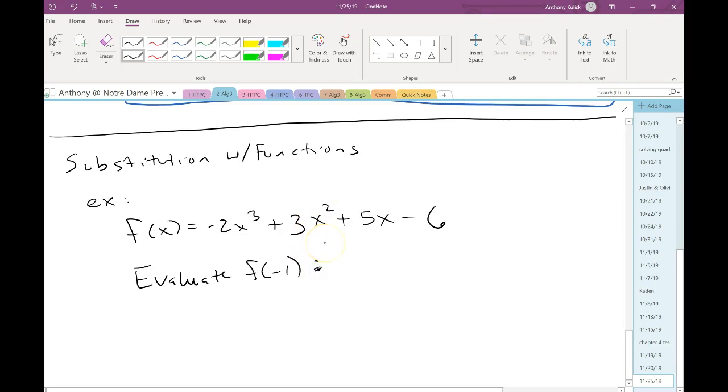What does that mean? What are you supposed to do when I write evaluate and then write the symbols f of negative 1 like that? Chloe?